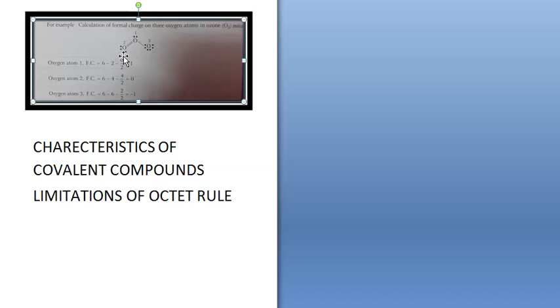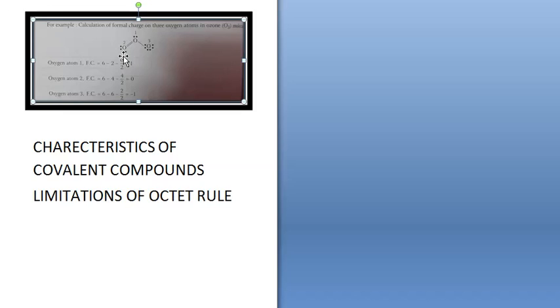Now, formation of hypervalent compounds. In PCl5, SF6, IF7, the central atom has more than 8 electrons. That is, in PCl5, the central atom has 10 electrons. In SF6, sulfur has 12 electrons. In IF7, iodine has 14 electrons. So the central atom can expand its octet due to the presence of vacant d orbitals.